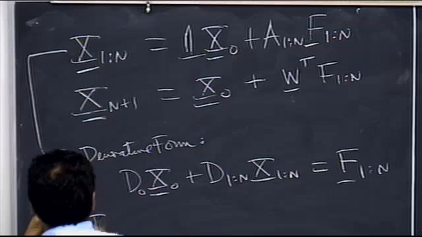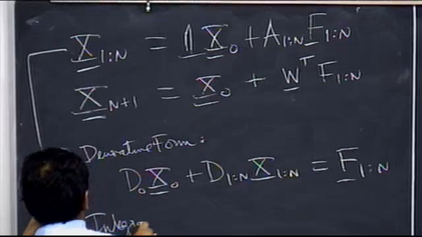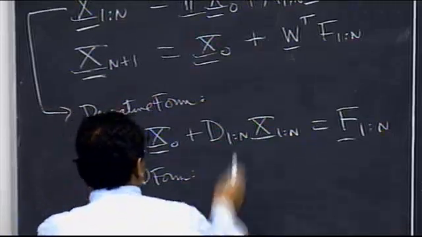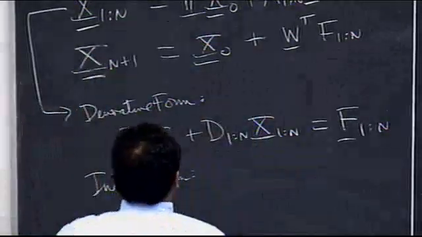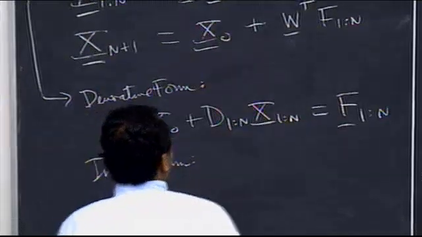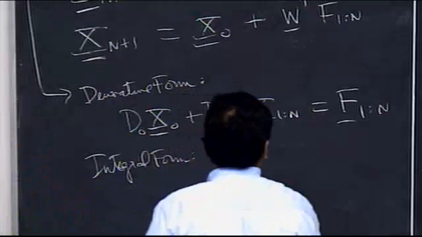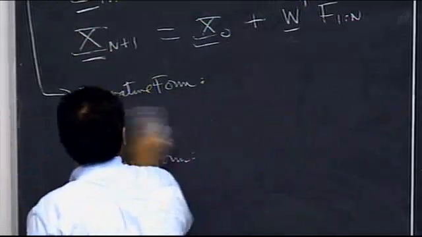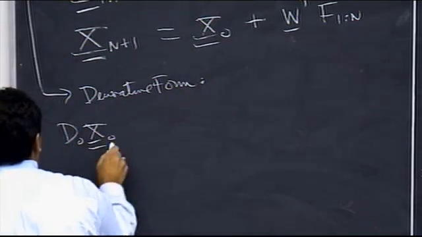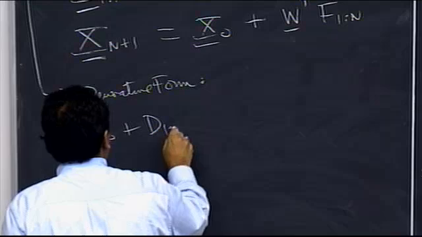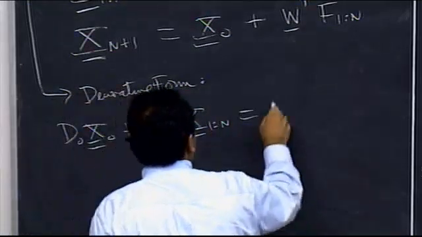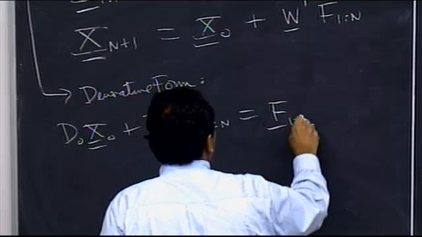In integral form, I want to line this up so we can see it as clearly as I can. I can't line it up, so I have to shift this over. Let me write this over here: d0 x0 plus d1 colon n x1 colon n is equal to f of 1 colon n.